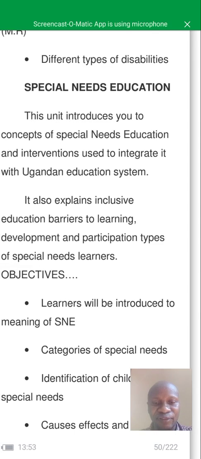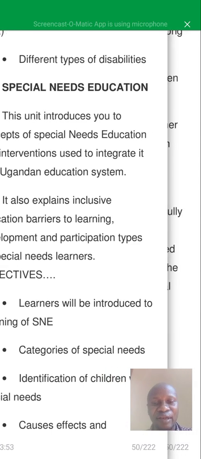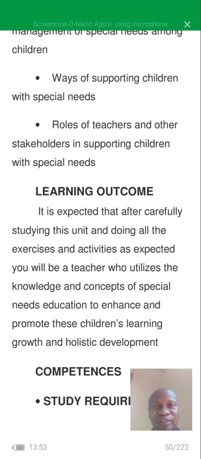Then we are also going to look at the causes, effects, and management of special needs among children. If you have such cases in your class, how are you going to manage such cases and how are you going to assist children?